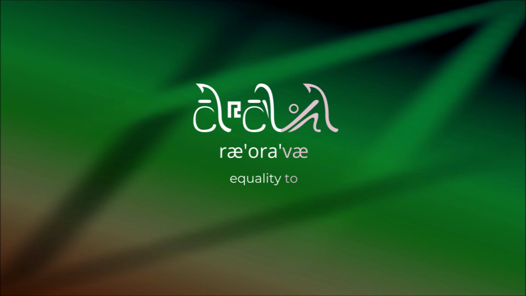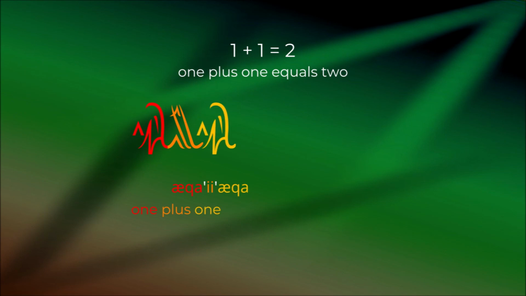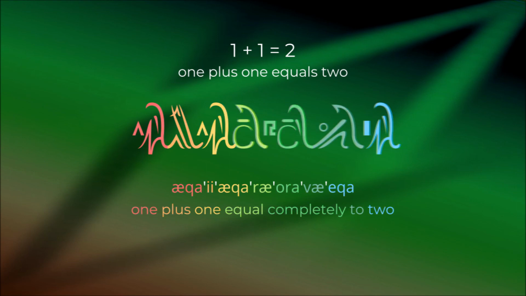And with that info, we're now able to express, for example, 1 plus 1 equals 2 in Ælis. Aika, ji or yo, aika, rai, ora, vai, eka. 1 plus 1 is completely equal to 2.